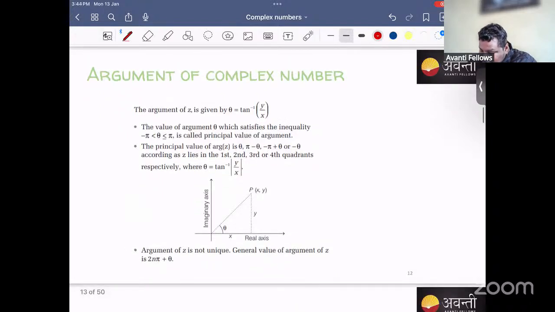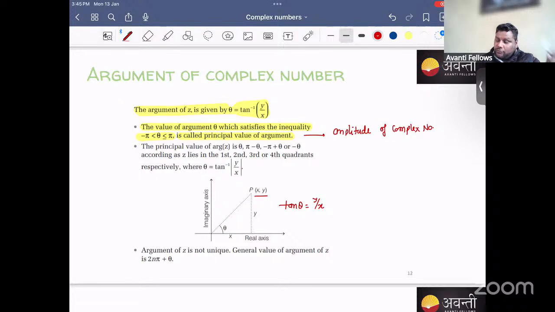Now if it is x plus iota y, tan theta will be y by x. So argument z is given by tan inverse y upon x. The value of the argument theta which satisfies the inequality minus pi to pi is called the principal value of argument, and this principal value is what we call the amplitude of the complex number.